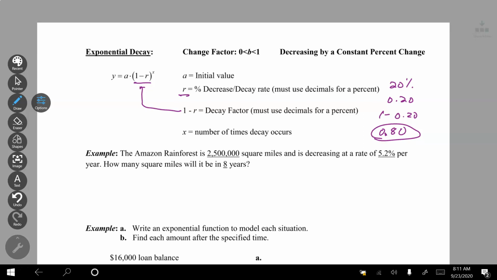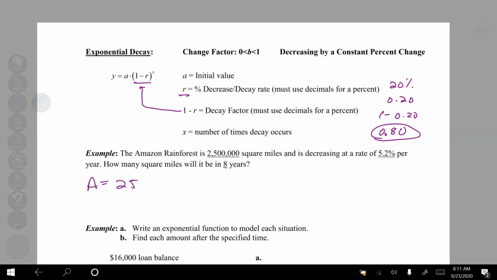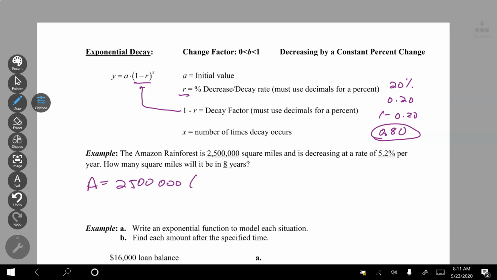So the Amazon rainforest is shrinking, we know. So my Amazon rainforest is 2.5 million. And let's see, I have to do 1 minus 0.052, which is 0.948 raised to the x. That's my general equation.